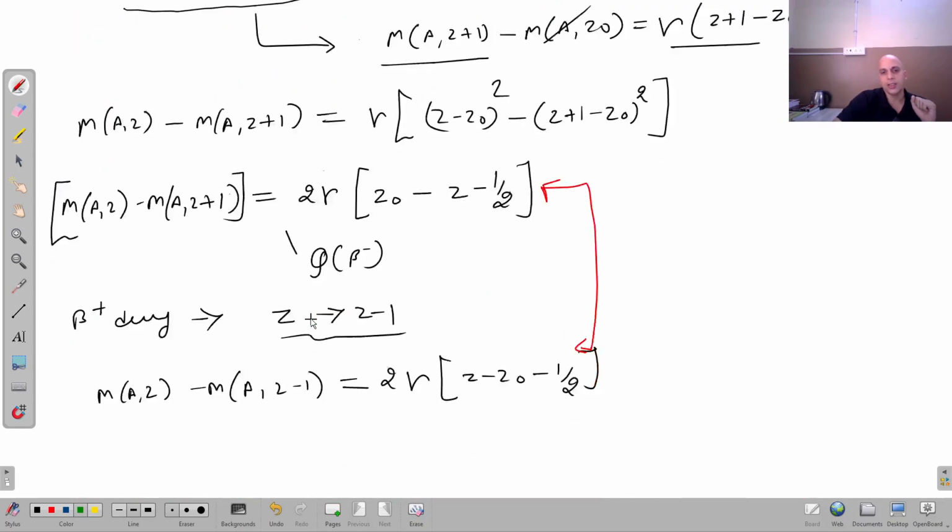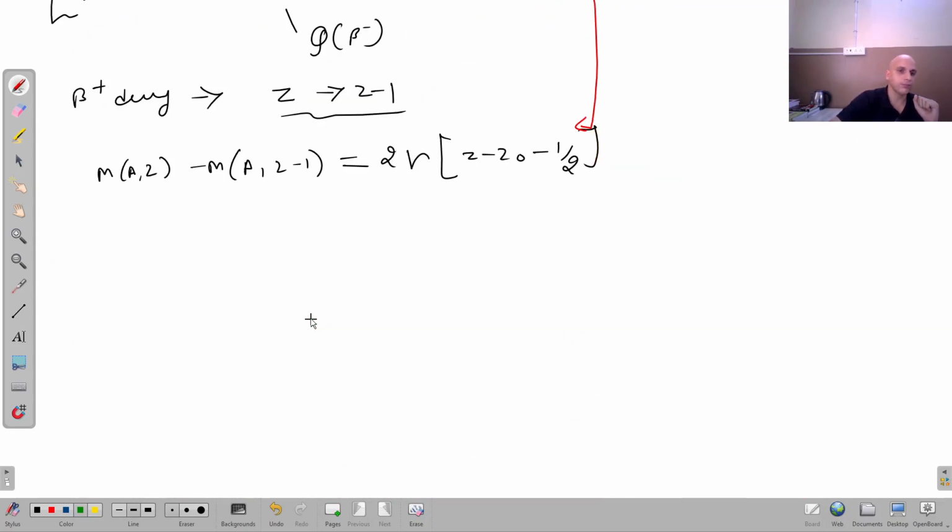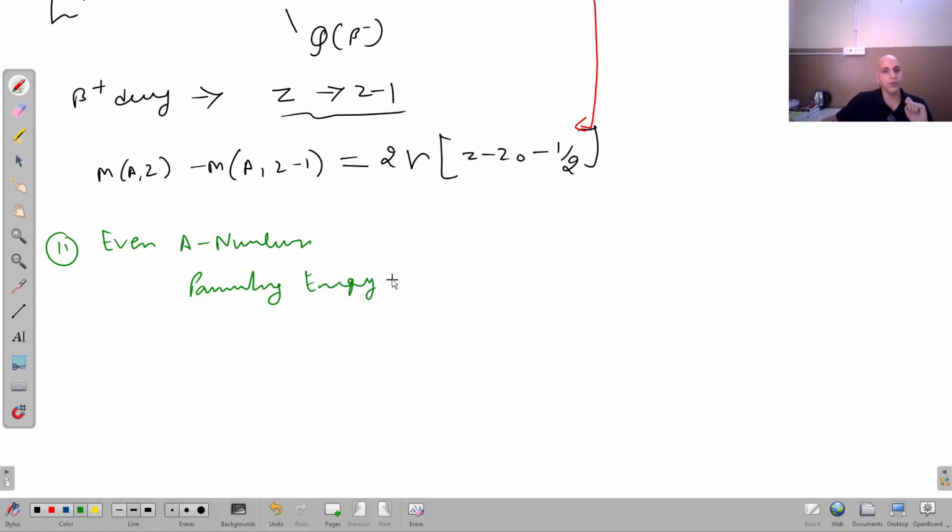Now if I consider the case of even A nuclei, the second case, what is the difference? In case of even A nucleus, the pairing energy term can't be equal to 0, but it will be both positive as well as negative, because even A means A is even.